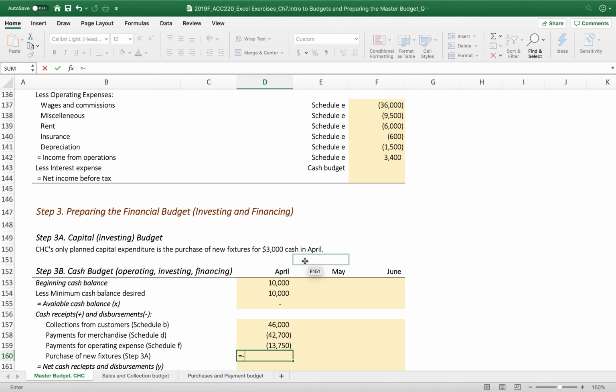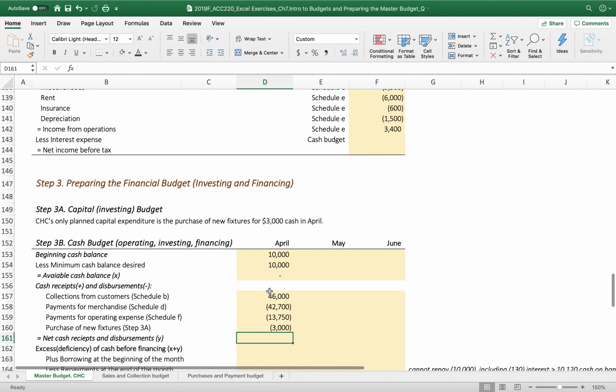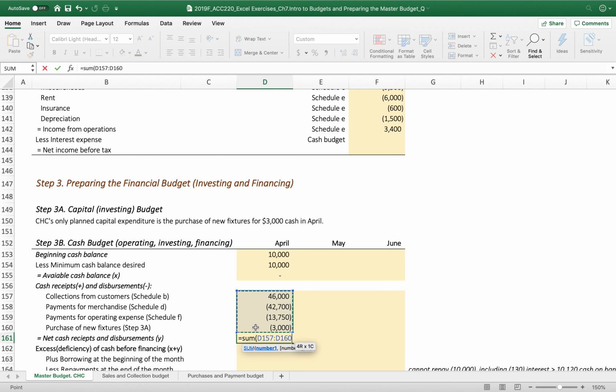So negative $3,000. Then what is the net cash receipt and disbursement? The sum of this portion is 13,450, the net cash receipt and disbursement. So this is a net cash disbursement.